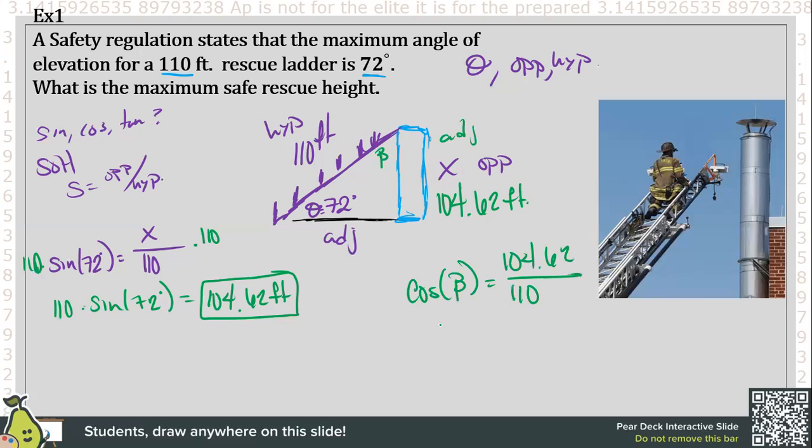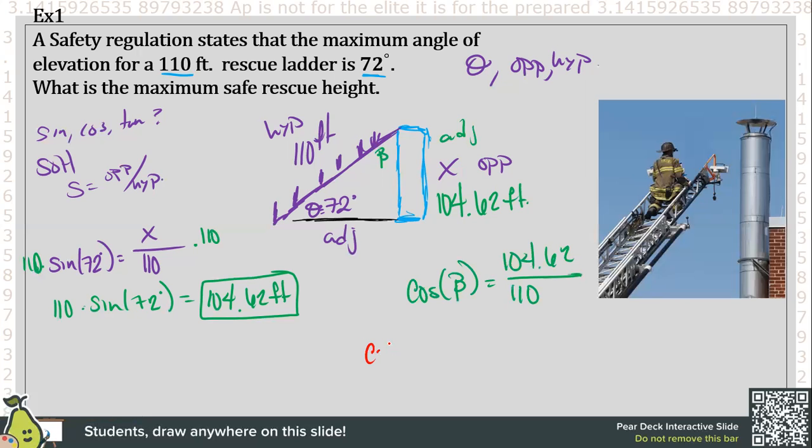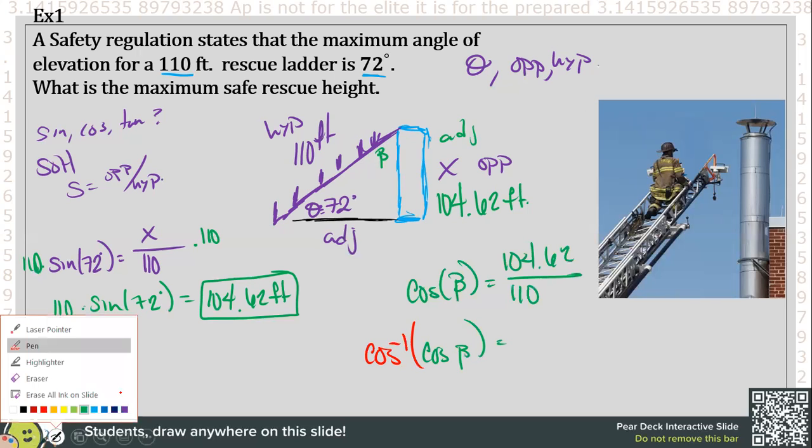Okay. From here we can do arc cosine of both sides, right? To get rid of cosine, the only way is to do the inverse. So cosine inverse of my cosine is going to be equal to the arc cosine. What you do on one side, you must do on the other.